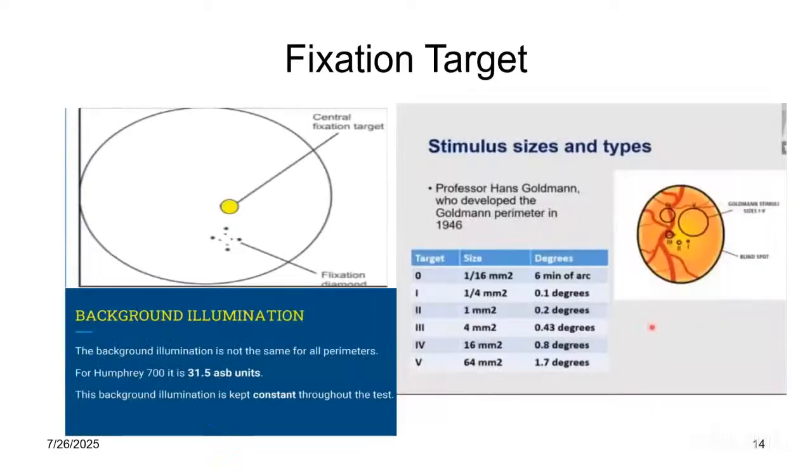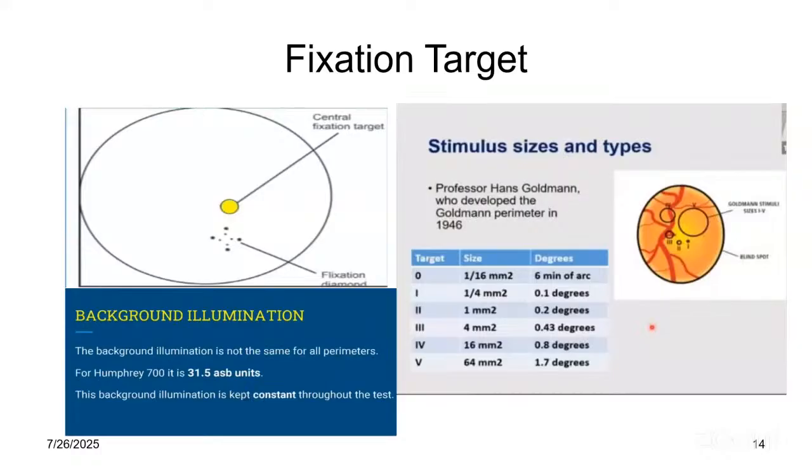So a fixation target can be a central fixation target or a fixation diamond, depending on the machine. Well, most of the machines I have seen mostly have a central fixation target, which can be a round yellow circle on a white background, but other machines use a diamond shape as the fixation point. And then the background illumination, we said it should be constant.